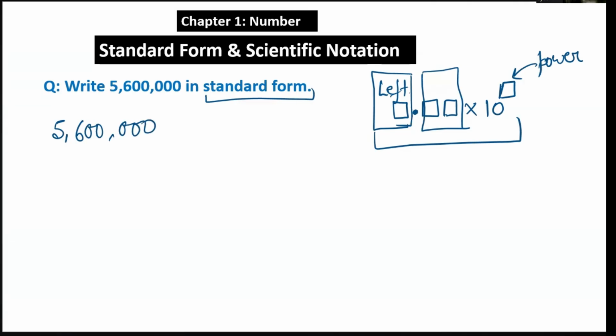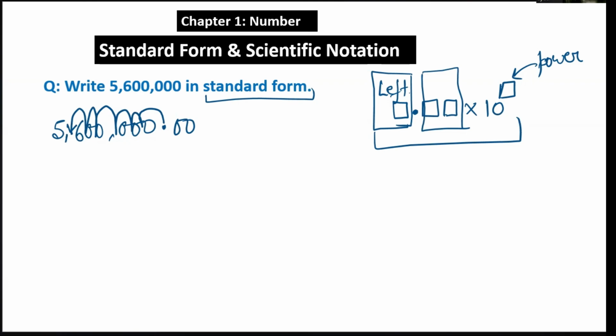Okay, so how can we write this? First, where is the decimal? Can you see any decimal over here? If there is no decimal, assume a decimal at the end of this number. Now we have to move this decimal to the left. 1, 2, 3, 4, 5, 6.